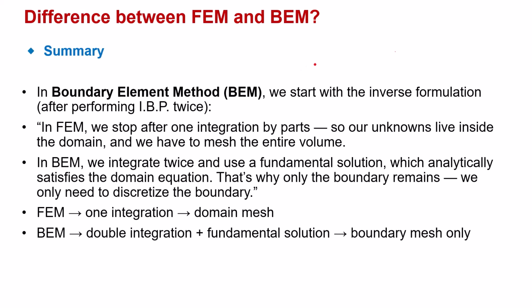As a result, we only need to discretize the boundary, not the interior. So in simple terms, FEM performs one integration and it meshes the domain. But for BEM, we have double integration, and using the fundamental solution, we only need to mesh the boundary. That is the essential difference between these two powerful numerical methods.